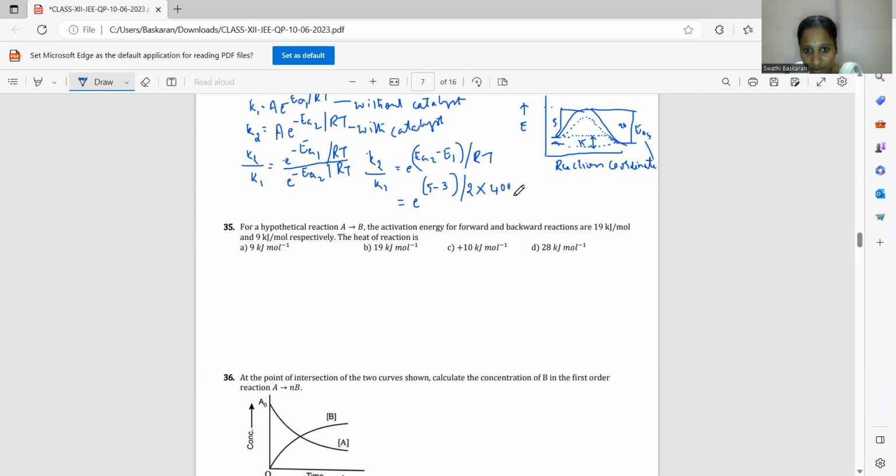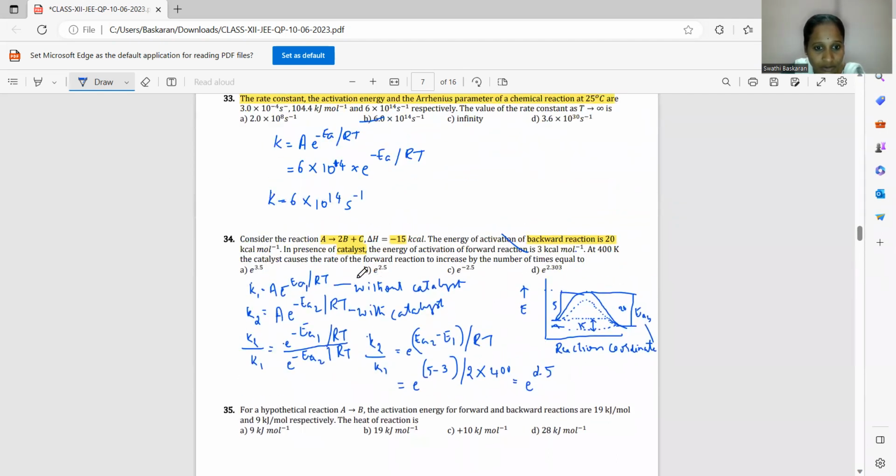If you simplify this, you get e to the power 2.5.